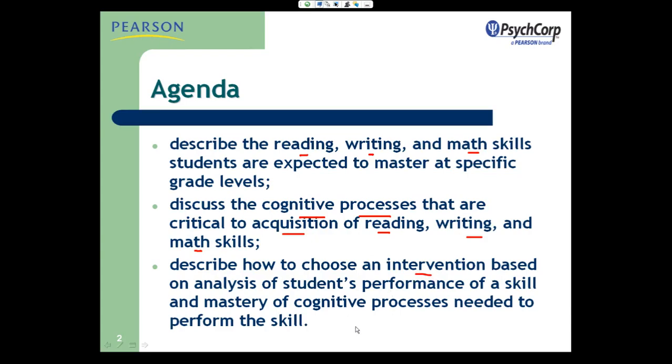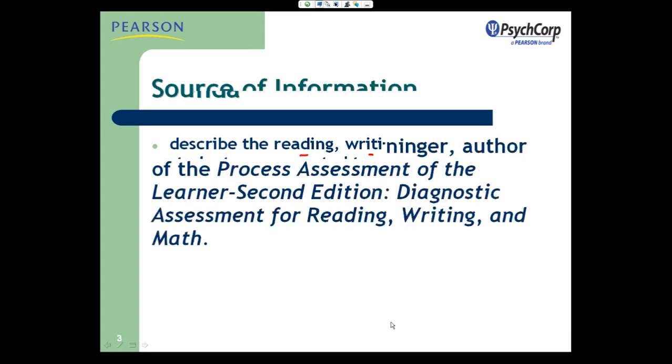You would analyze the assessment data both on the skill components as well as the related cognitive process components, and use those data to choose an intervention that would target the identified area of weakness, the identified skill deficit.